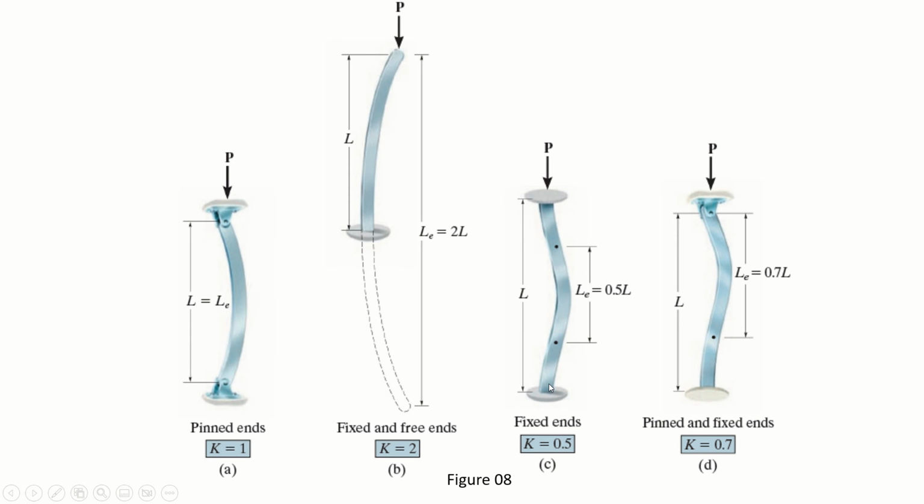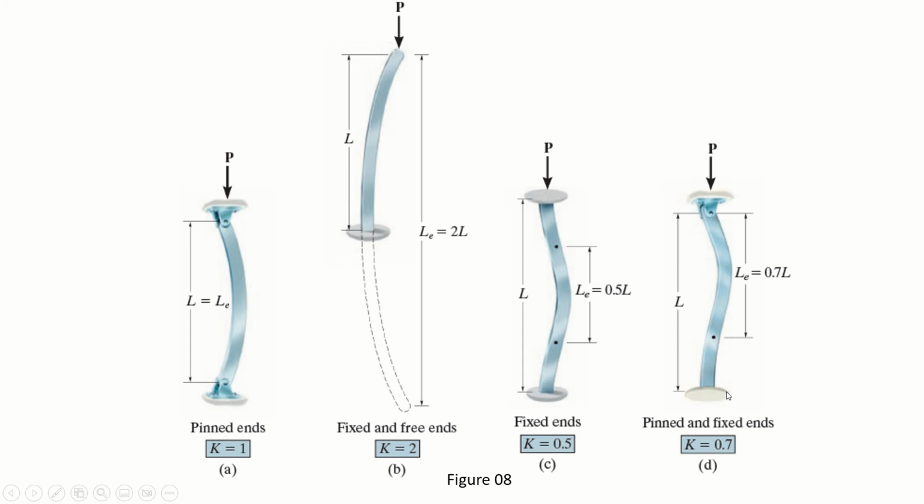In the fixed ends, when both ends are fixed, half of the length will be effective, it will bend. The quarter length that is attached to the support at top and bottom will remain straight, and the half of the column length in the middle will work as the effective length.